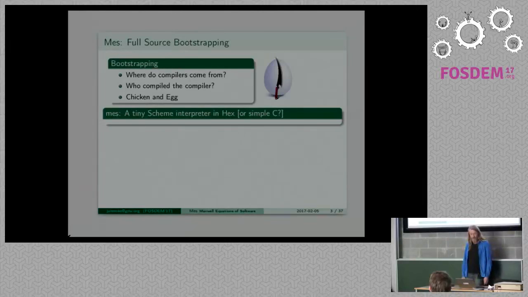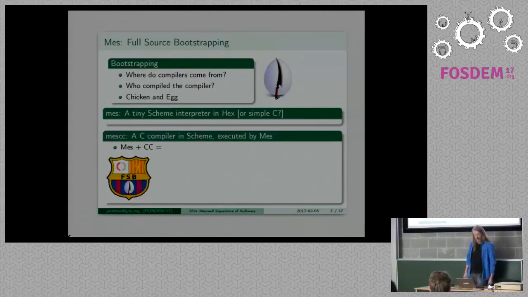How am I going to do full source bootstrapping? My idea was to write a tiny Scheme interpreter in hex or in simple C, and there it gets fuzzy. That's why this talk. And when I have the Scheme interpreter in hex, what do we do?